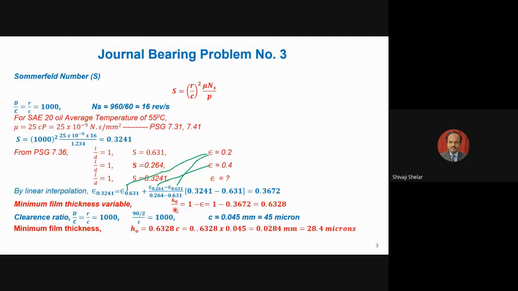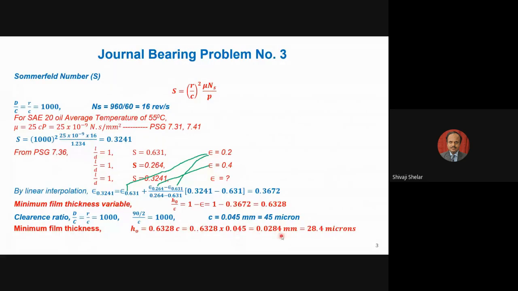So in this equation, this is now known. What is unknown now? H0. From this, you can find out the minimum film thickness H0, which is equal to 0.6328 into C. C is equal to 45 micron, that is 0.045 mm.